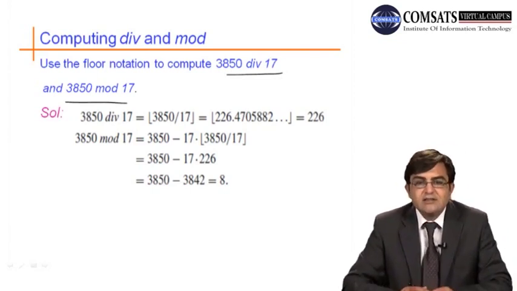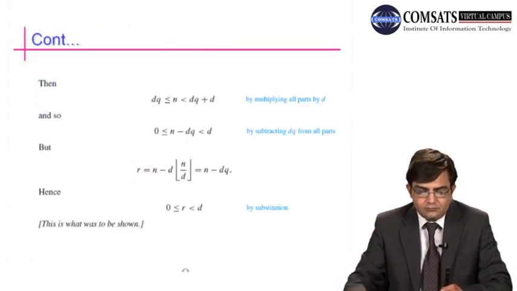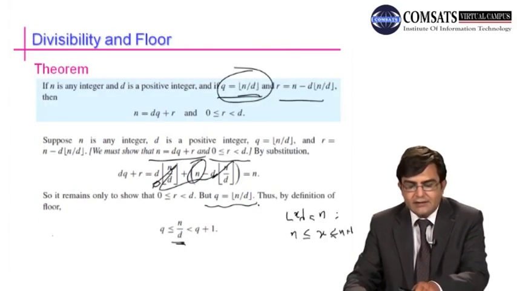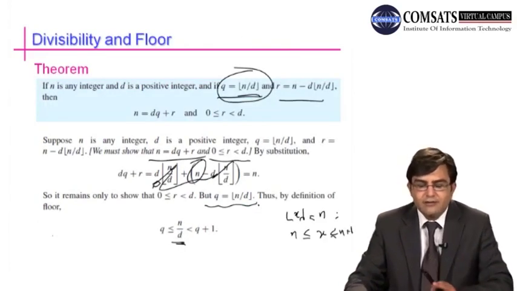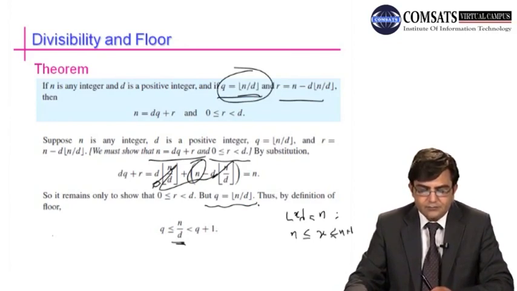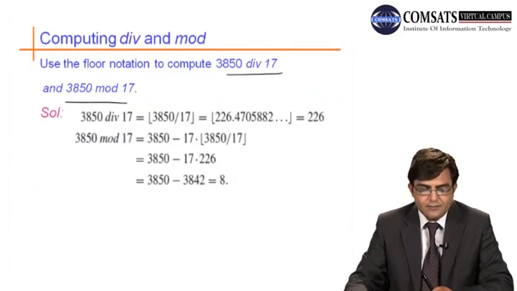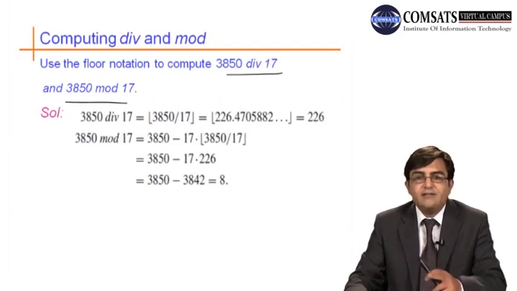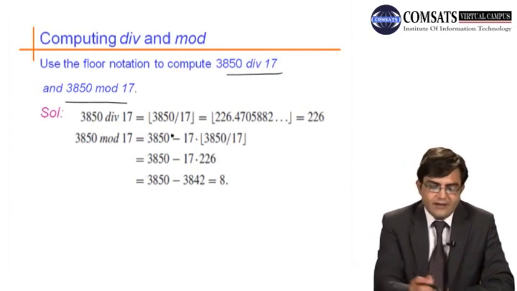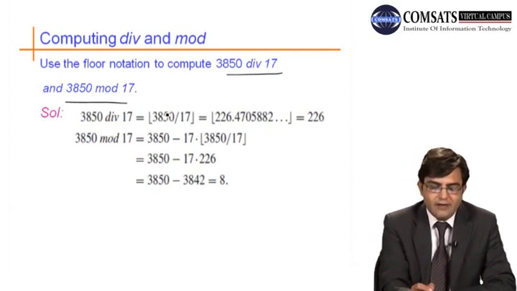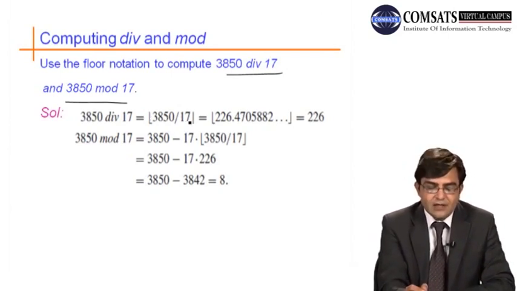As we have seen in the previous theorem, q is basically the floor of n divided by d. So if we want to calculate the quotient, which is n div d, we can write it as floor of n divided by d.